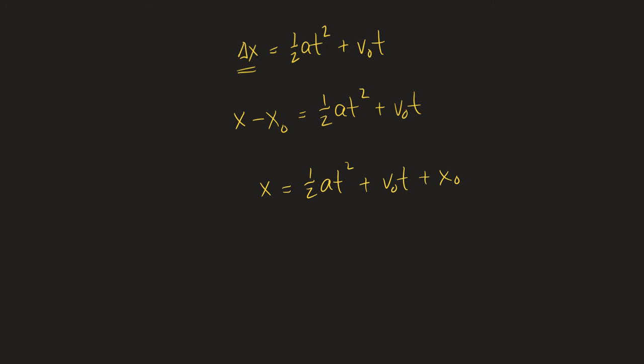Now, the important variables here are x and t, right? If we were to plot this, x would be on the vertical axis and t would be on the horizontal axis. If I wanted the slope of this graph, then I would want to take the derivative with respect to t of my function x. This should give me the slopes.